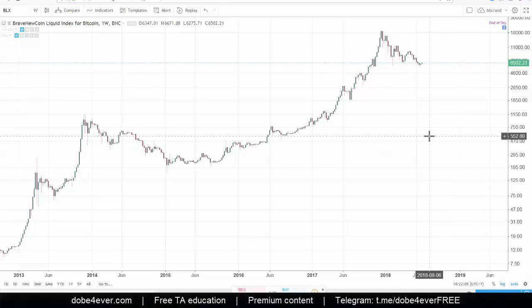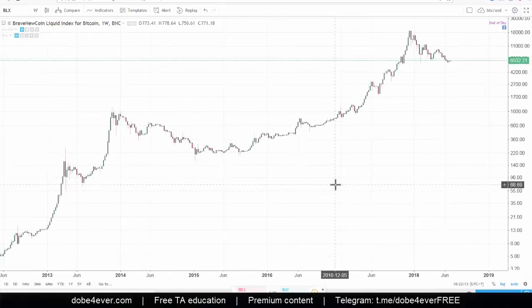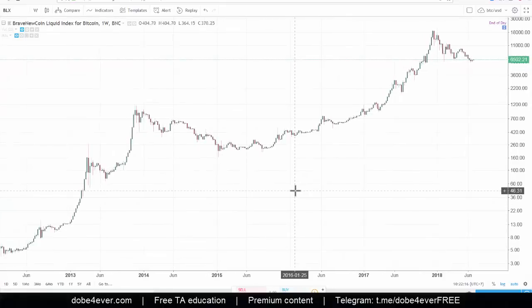And when it comes to fundamentals and market sentiment, what you want to look for is when people don't care anymore, because so far we can still see a lot of hate, a lot of anger, a lot of panic.